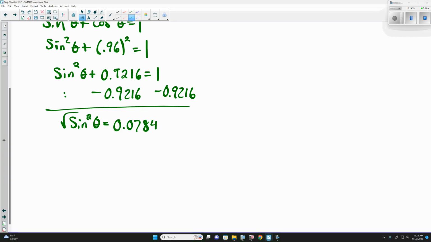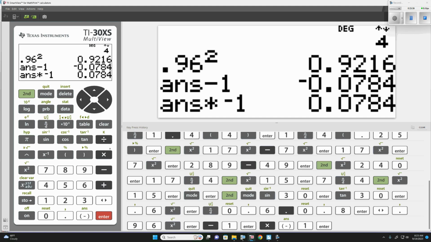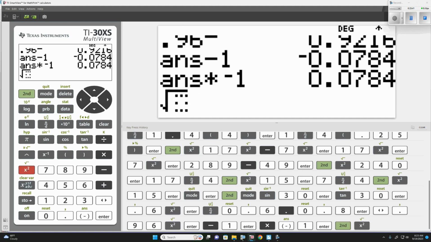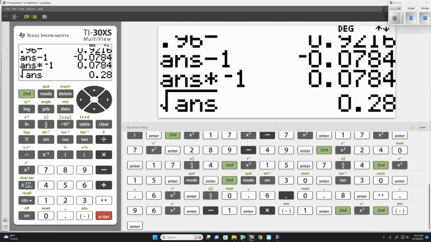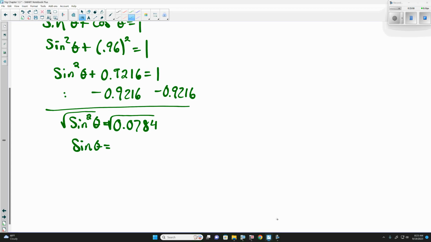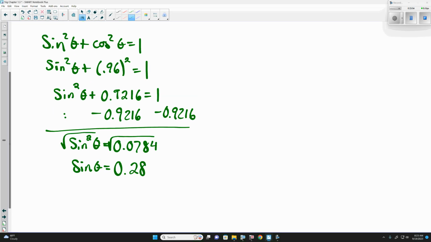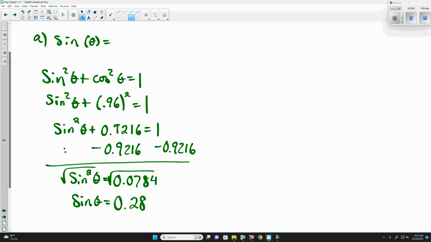And lastly we would square root both sides, which gives us 0.28. And that's it. Questions on this here?